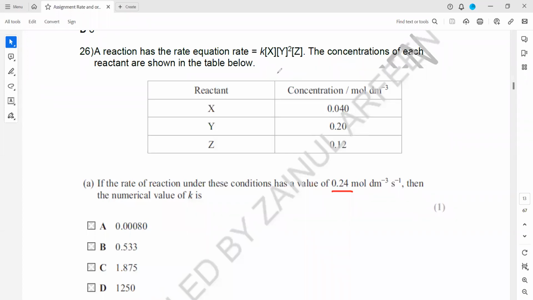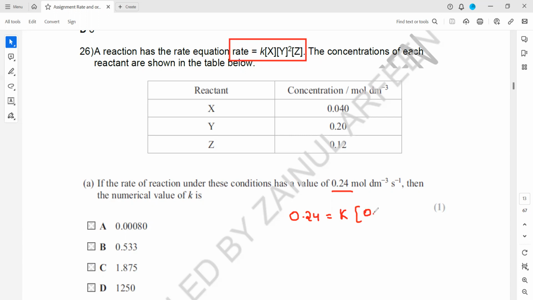So we need the value for K. The rate equation is given that rate equals K times the concentration of X, concentration of Y squared, and concentration of Z. We'll just substitute, as the value for rate is given, which is 0.24, equals K times the concentration of X. So what is the concentration of X?